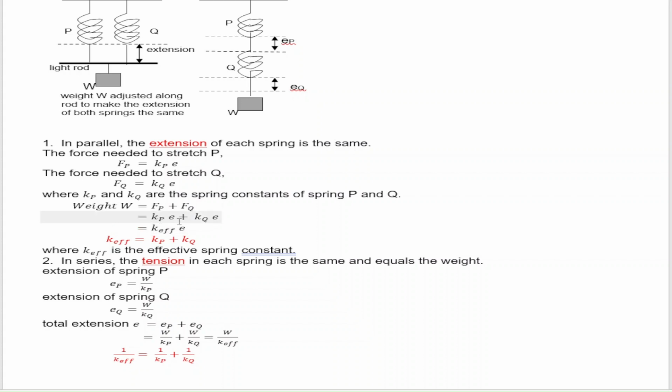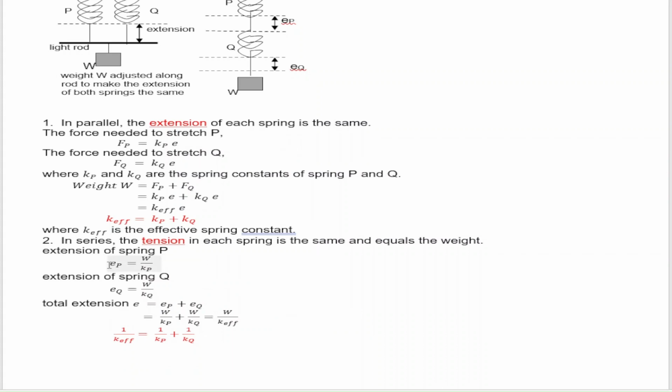So which is kpe plus kqe. And the k, which is the effective k because of the two in parallel, so k effective is equal to kp plus kq. The spring constant increases. However, the extension tends to decrease. If the two spring constants are the same, then E halves and k doubles.